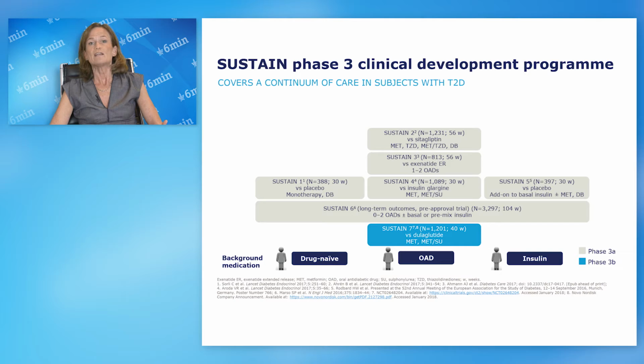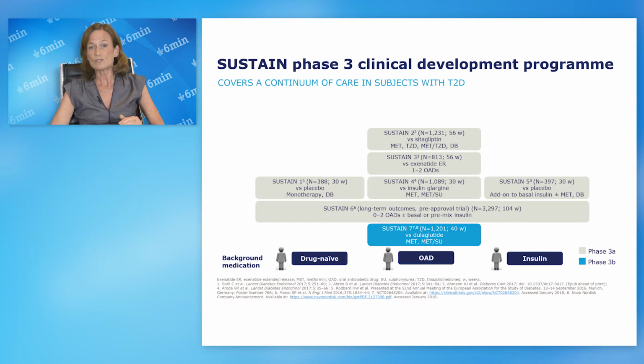Semaglutide has been evaluated in many, many patients. Actually today, it has been evaluated in more than 14,000 patients for up to 2 years of treatment. In this presentation, I will focus specifically on 5 trials in the beginning. That is the backbone trials of semaglutide, trials where it has been evaluated in patients treated with nothing but diet, monotherapy, in combination with other glucose-lowering drugs taken orally, and also in combination with insulin.